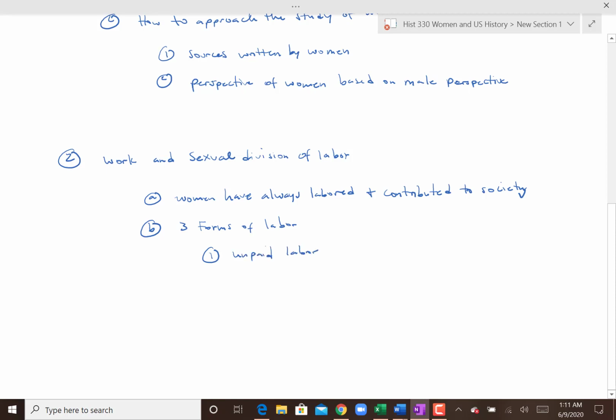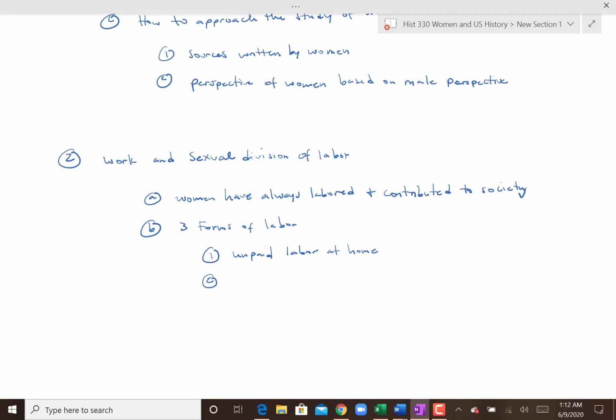Right, so this is often, and we'll look at debates in different periods in the U.S. where there's a whole debate about what is labor at home. And women were having debates and arguments about how to make their labor recognized, make it visible.